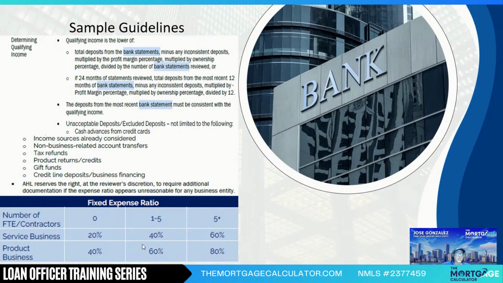But you will notice now, you go to the right, now 1 to 5 employees, they're hitting us with a 40% expense factor on a service business. And if it's a product business like a retail store, you get hit with a 60% expense factor. And if it's 5 or more employees, look at how it keeps dropping. The profit margin keeps dropping because the expense factor keeps increasing.